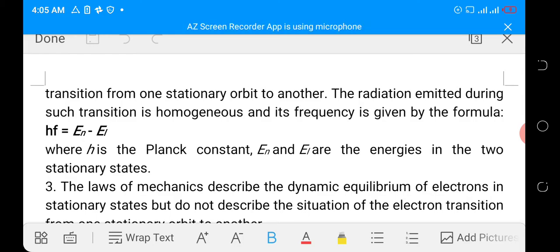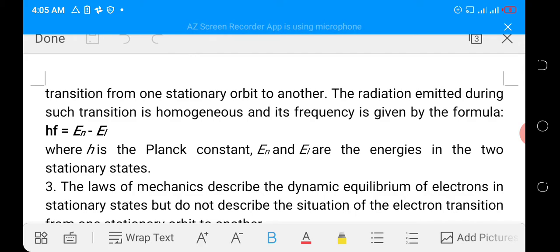Let's also look at what he's saying in this second one. He said an electron will radiate energy if it jumps from a higher orbital or energy level to a lower orbital or energy level. And the energy radiated is given by the equation hf = En - Ei, where h is the Planck constant, En is the energy of the higher level and Ei is the energy of the lower level.